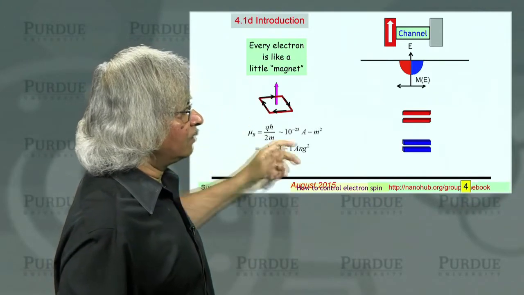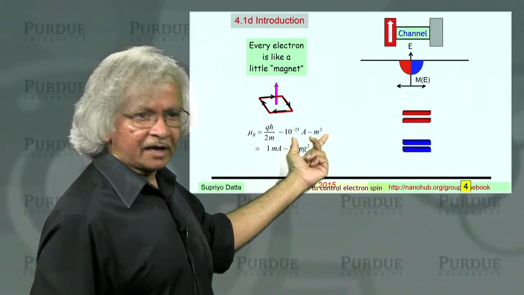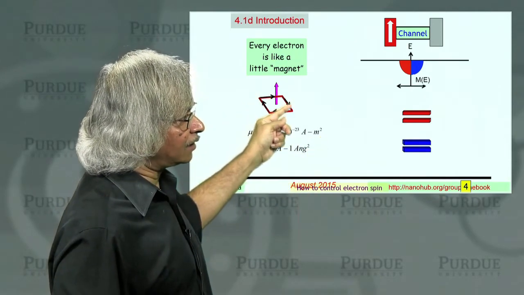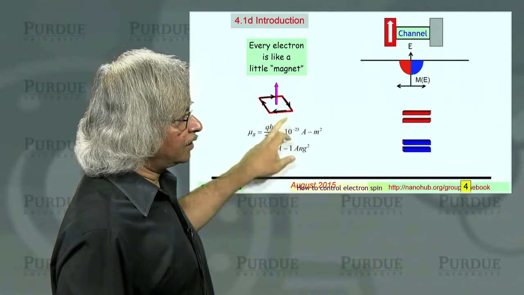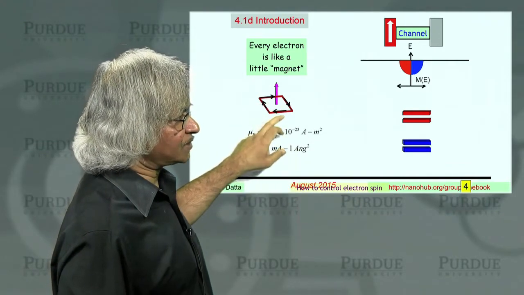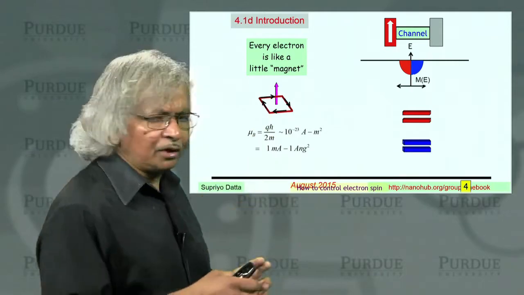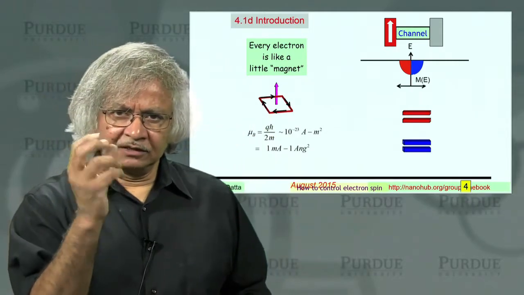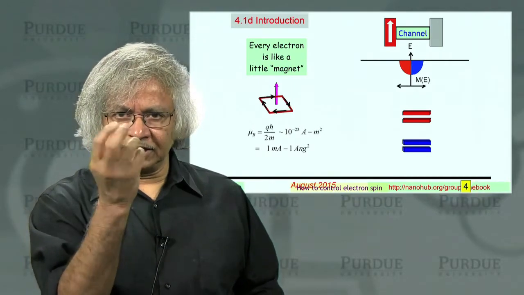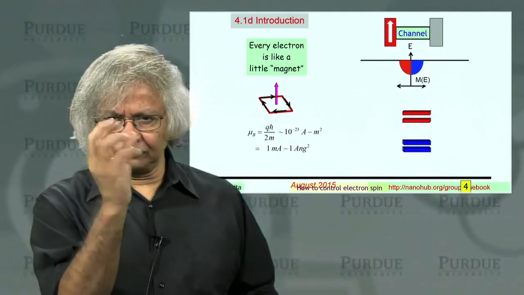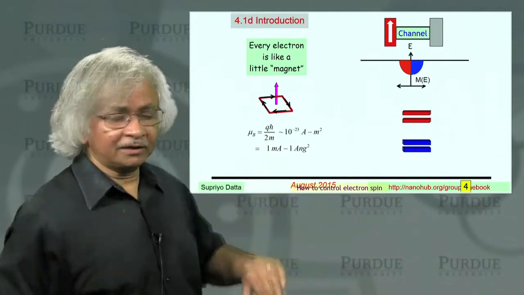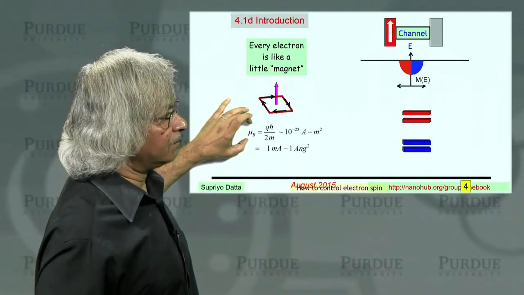And this magnetic moment is 10 to the minus 23 ampere square meter, which is kind of like a 1 milliamp current loop running around the square of 1 angstrom side. So every electron has a charge Q, but it also has a little magnetic moment. It's like a current loop, as if it's spinning. But the experimental fact is that it has a magnetic moment.